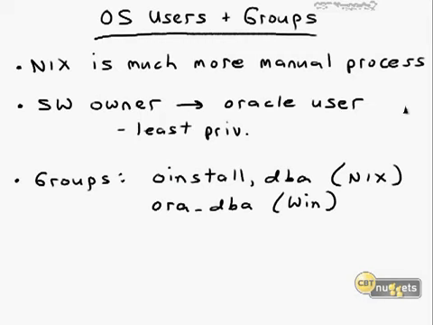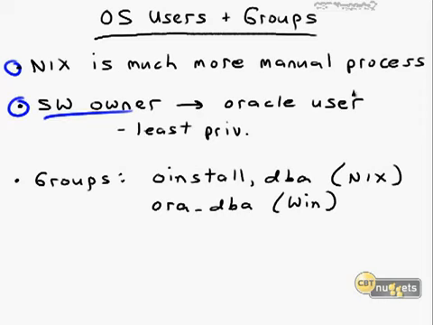Operating system users and groups. As I said, *nix is much more of a manual process, so the specific steps for creating the operating system users and groups I will leave to your study in consulting the database guide. Windows installation is cool because the Oracle Universal Installer will provision the necessary operating system users, except for the software owner.